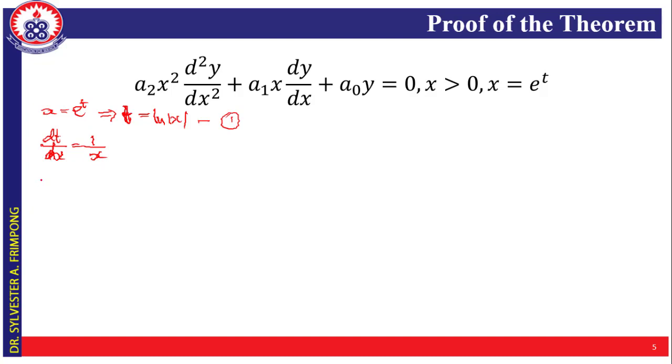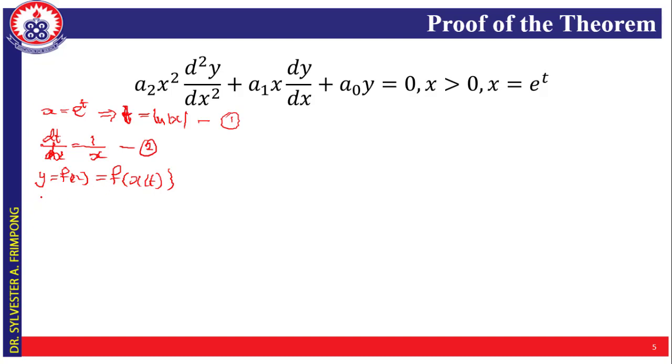So if I call this one equation 2, by virtue of this transformation, we know y is a function of x, but x is a function of t. So we can write y as a function of x, which is a function of t. So by transitive relation, y is also a function of t.